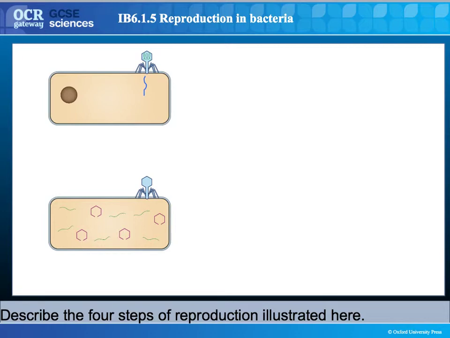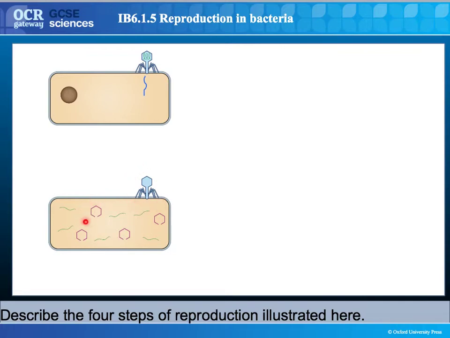Now the genetic information that the virus has put into the cell will replicate, and the genes will cause the host cell to produce the components of the viral structure.